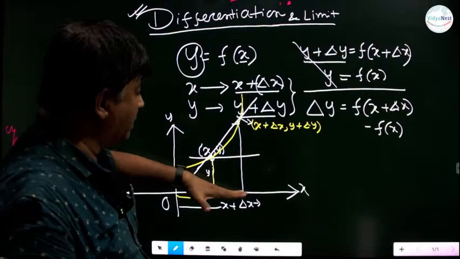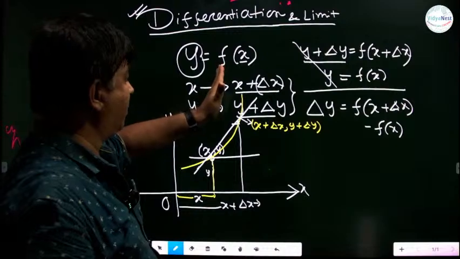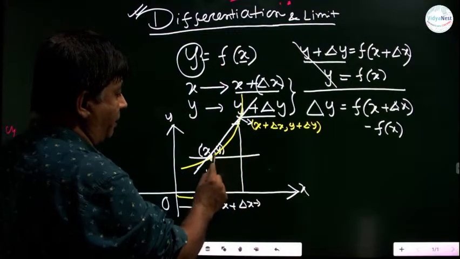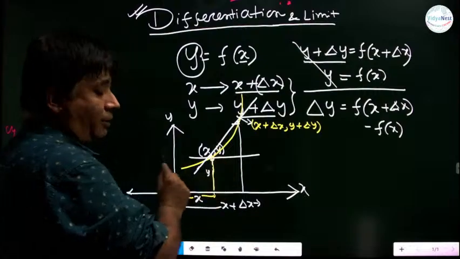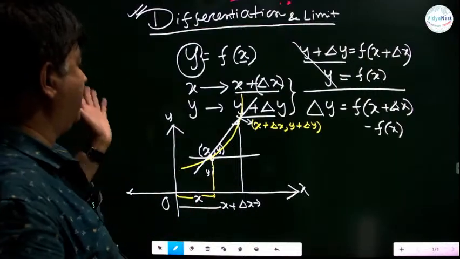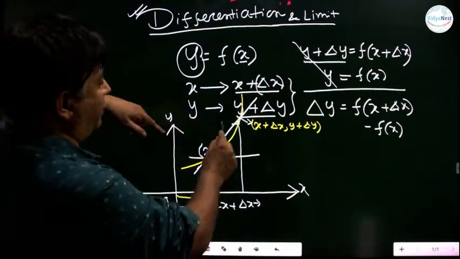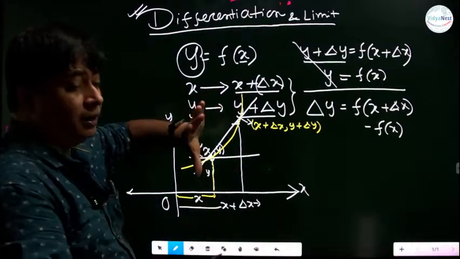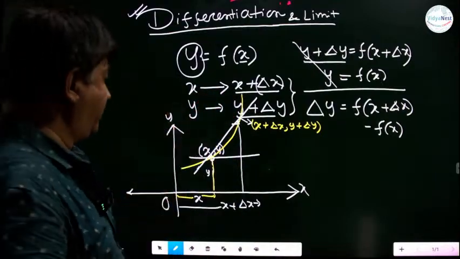Now, income is increased, so expenditure is also increased. So, if I join it by a curve, that is the curve of the relation between income and expenditure. If I join these 2 points, I will get a chord or secant.